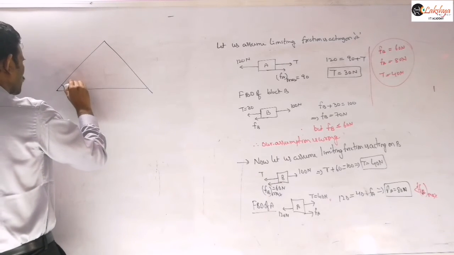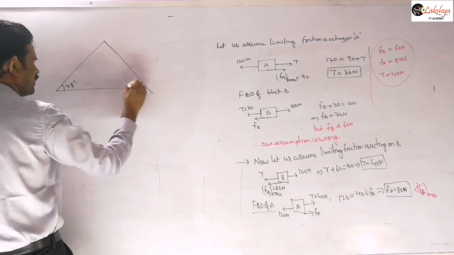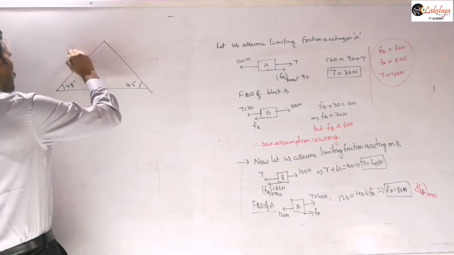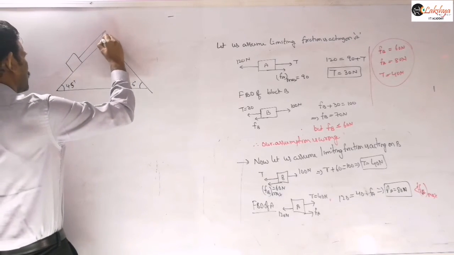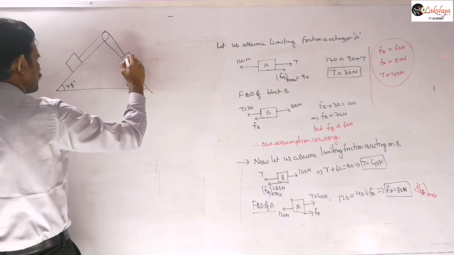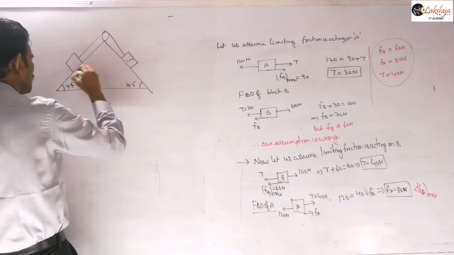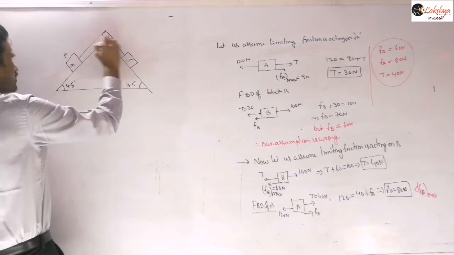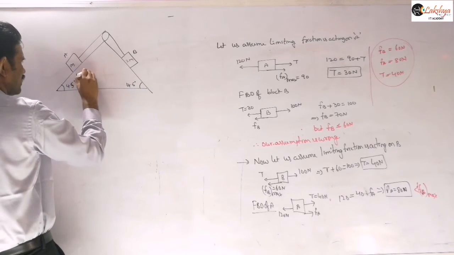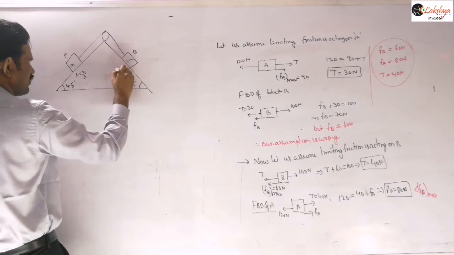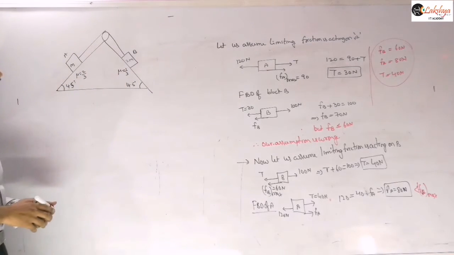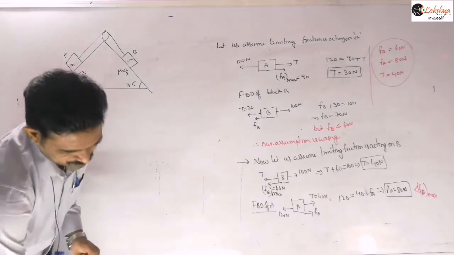This is 45 degrees, and one block is kept here, and it is connected by using this pulley to another block here. So this is 2m I am assuming here, and this is m. Say this is block A and block B, and here the coefficient of friction I am taking like 2 by 3, and here the coefficient of friction I am taking like 1 by 3, right? So then again a similar question here.